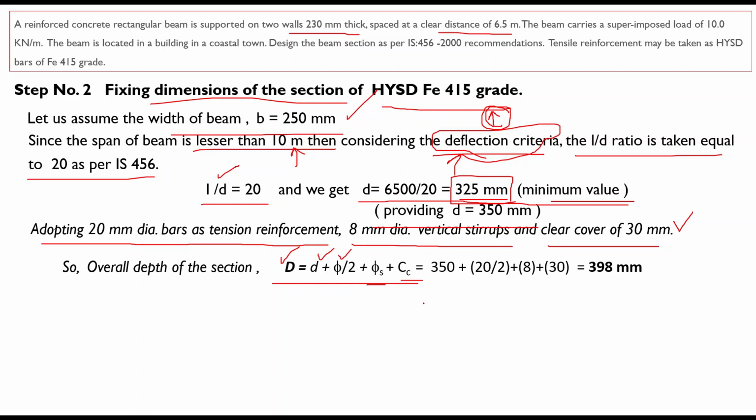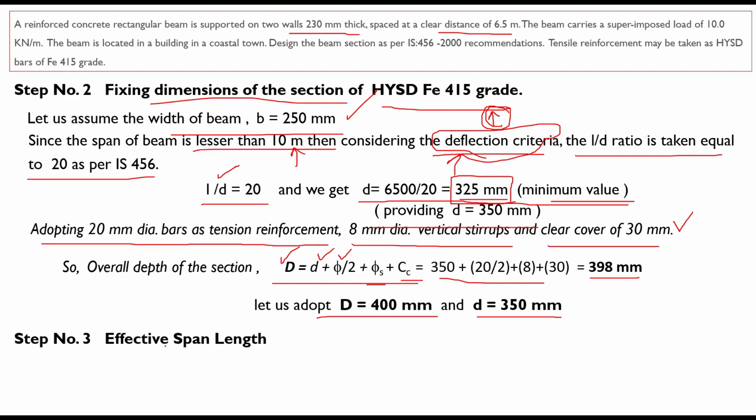Cc we can use as the abbreviation for clear cover. So by putting all the values, the overall depth comes out to be 398 millimeter. So again, rounding off, we can adopt capital D, the overall depth of the beam, equal to 400 mm, and effective depth we can take 350 mm. So accordingly there will be an adjustment of the cover.